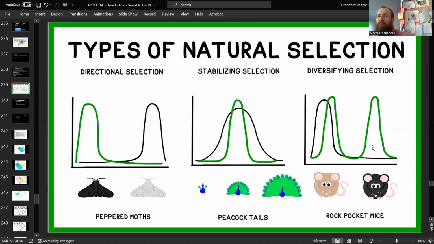This is basically favoring both options. So if both extremes are really good, an example here they have with the rock pocket mice, I think I'm remembering this one as, perhaps they live in an environment that has volcanic eruptions pretty often. And so some of the rocks are tan and some of the rocks are covered in ash.